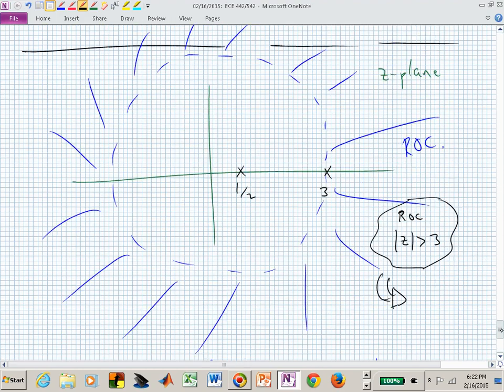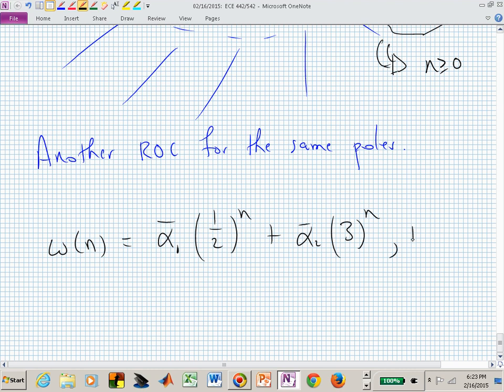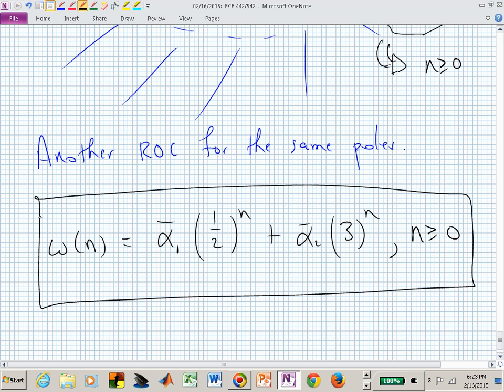This picture for the region of convergence immediately implies that n is non-negative, which now says that this is our structure and the time in which that's true.